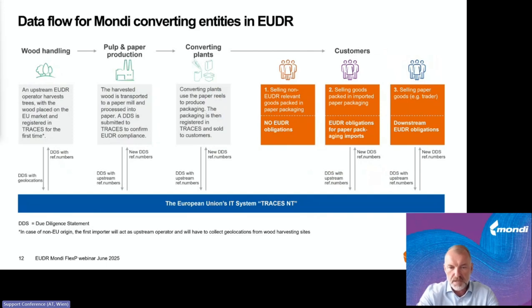So we could say full traceability process. There is again a clear assignment of purchased paper and the reference number and verification number received with the paper to the production order, ergo the sales order, which we then deliver to our customers.